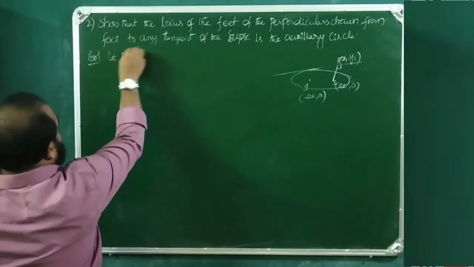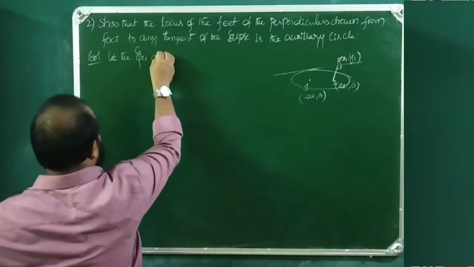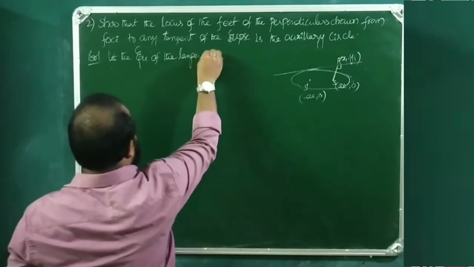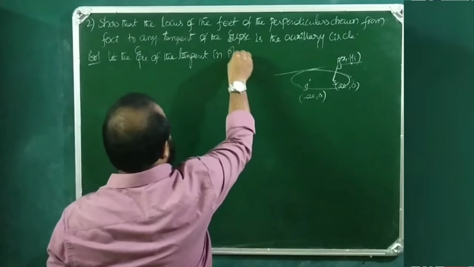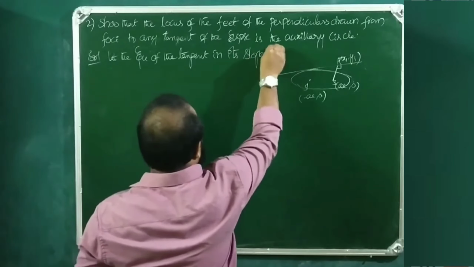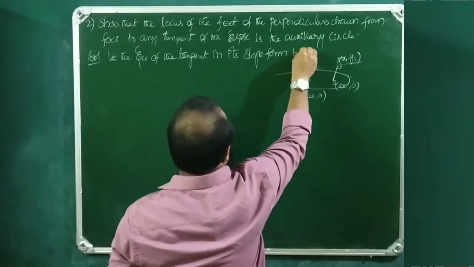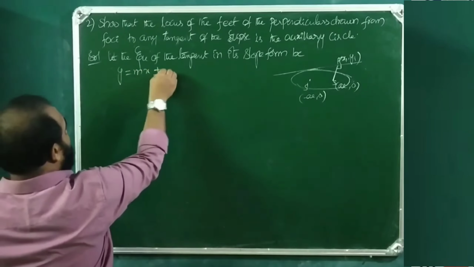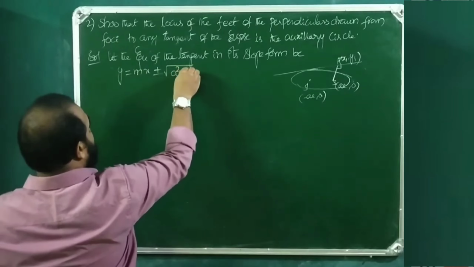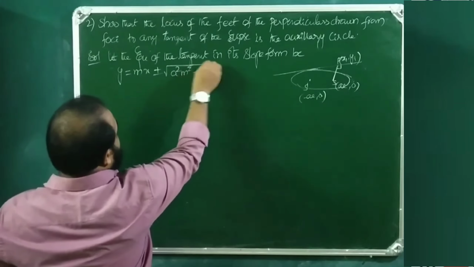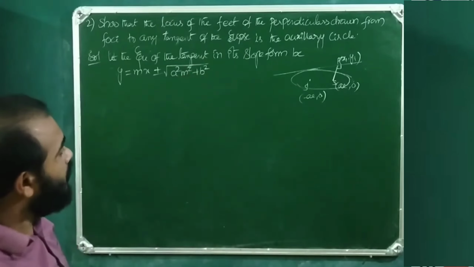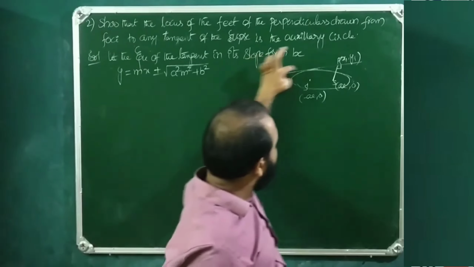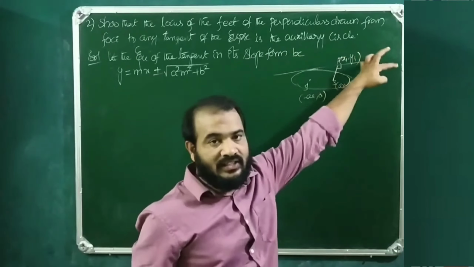Let the equation of the tangent in its slope form be y equals mx plus or minus square root of a square m square plus b square. This is the slope form of the tangent.